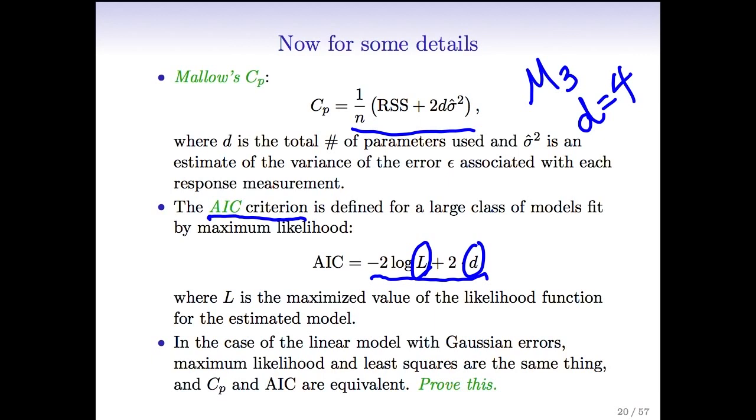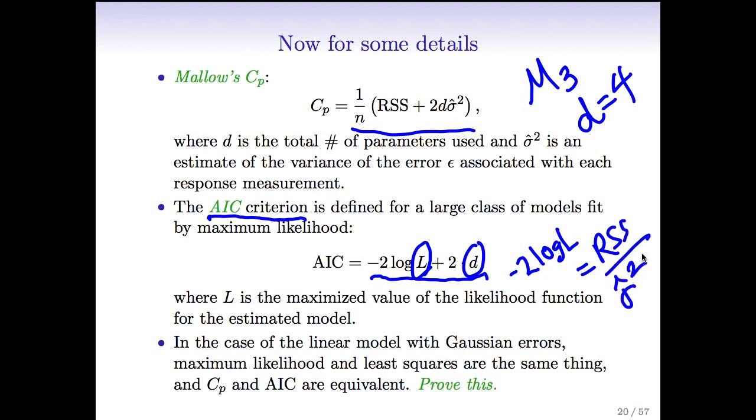So this looks a little bit complicated, and in fact it's written in this very general way because AIC is a quantity that we can calculate for many different model types, not just linear models, but also logistic regression and so on. But it turns out that in the case of a linear model, negative 2 log L is just equal to RSS over sigma hat squared.